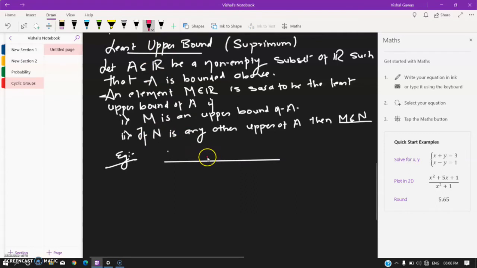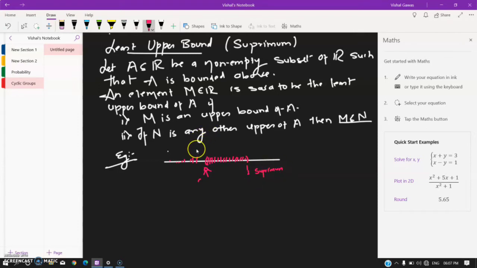If I consider the interval 0, 1, any other lower bound would be to the left of 0, like minus 1, all are lower bounds. The least of them is 0, so for this side, 1 first of all is the supremum, right?